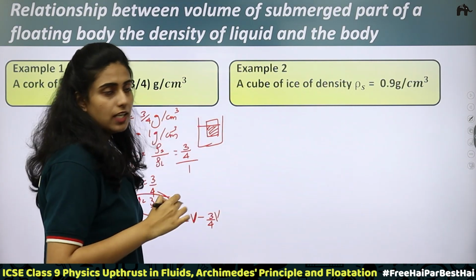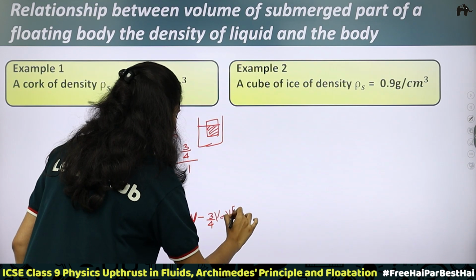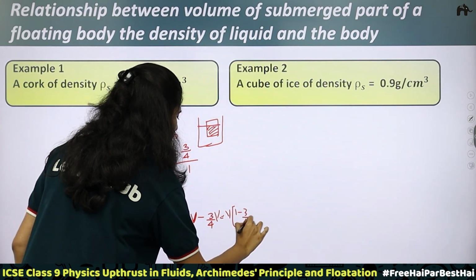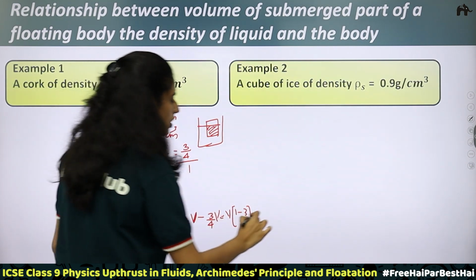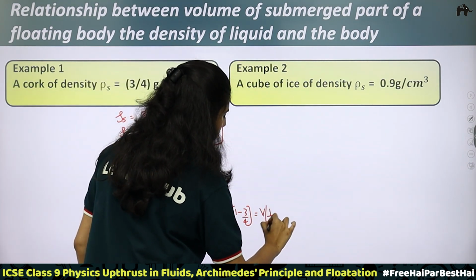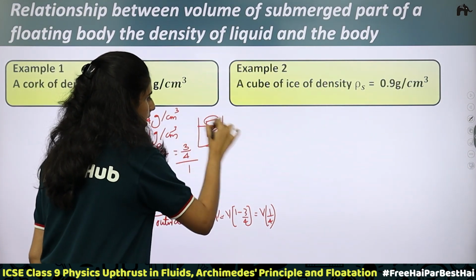Then what is outside? It will be 1 by 4th. This is equal to capital V into 1 minus 3 by 4. That is equal to 4 minus 3 divided by 4. So, V into 1 by 4. 1 by 4th portion of the total volume of body is outside the liquid.